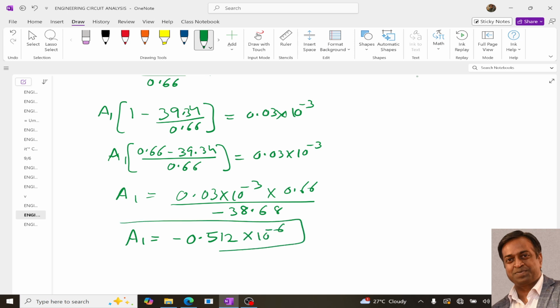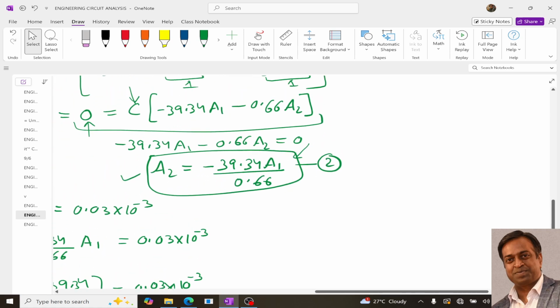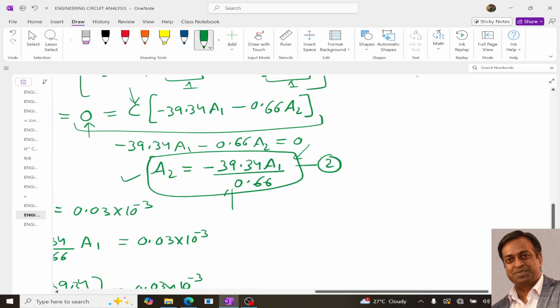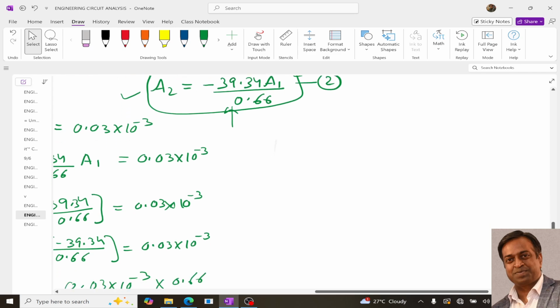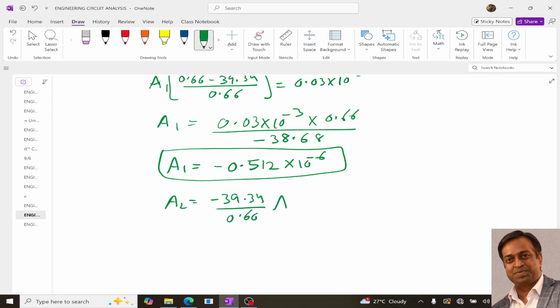Once we get A1, we can get A2 using this formula. A2 is minus 39.34 upon 0.66 A1.